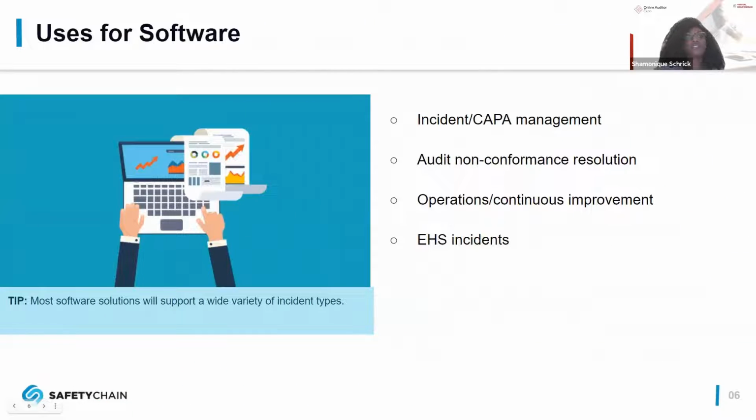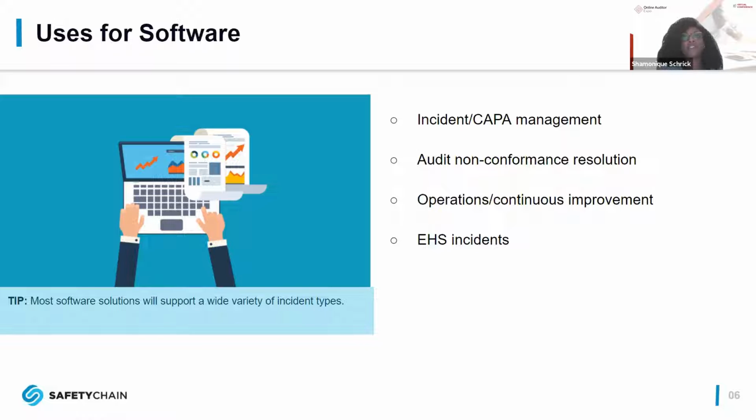So, uses for software. Typically, you can use any type of software that does CAPA management, not only for CAPA management, but for audit non-conformance resolutions, ops, and continuous improvement, and EHS incidents. Typically, when evaluating a solution, your organization can perform root causes for the various types of incidents and drive better improvements in your organization as a whole, and not just in your food safety and quality realm.